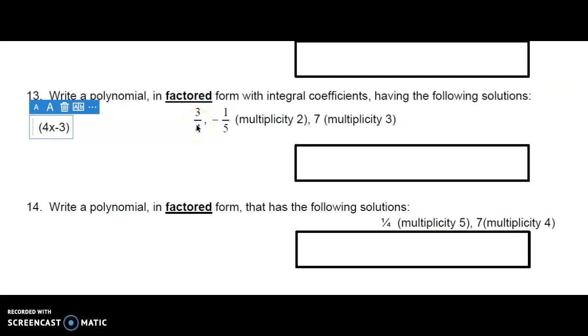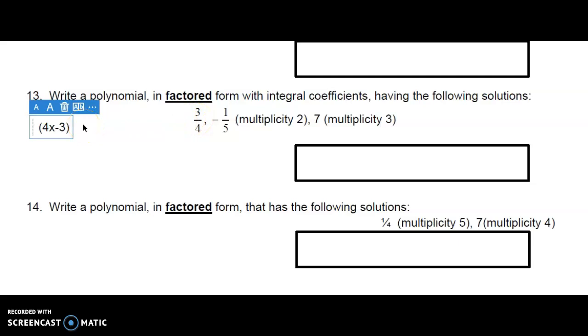So the easiest way to put it in the factor with integral coefficients is to take the denominator and put that in front of your x, and then the numerator is what you're adding or subtracting. I know I'm subtracting 3 because the factor is always the opposite sign of its solution.